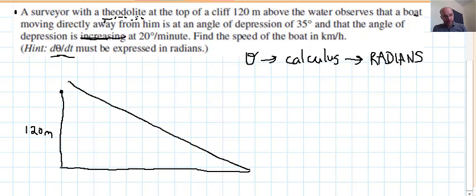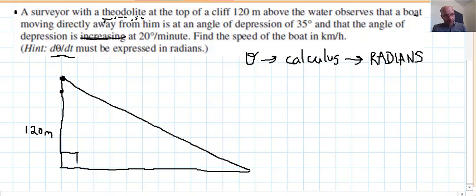The surveyor's now up here, I'm sorry, got promoted. Basically we're going to try to use a right angle triangle, because then we'll have some tools, i.e. regular triangle trig.